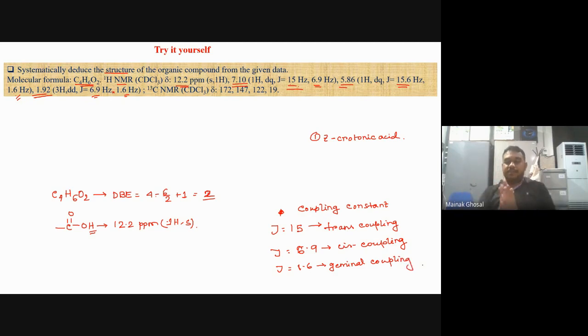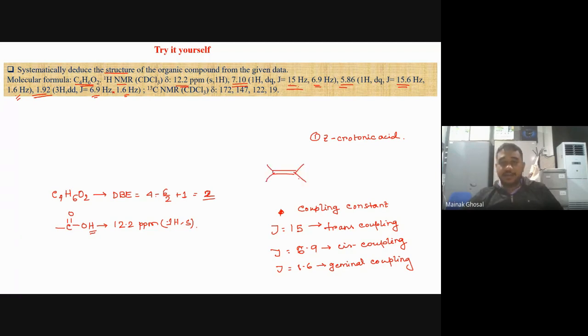So from these three, you are able to guess that one hydrogen is trans to another, cis to another, and geminal to another. This is only possible if you have an alkene kind of system.